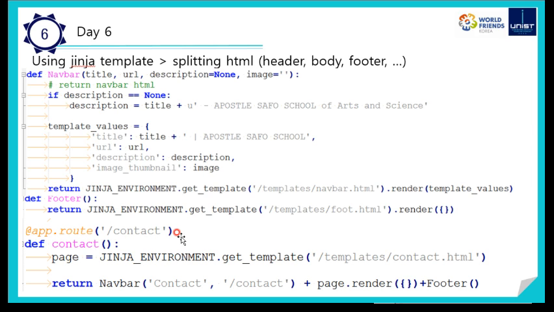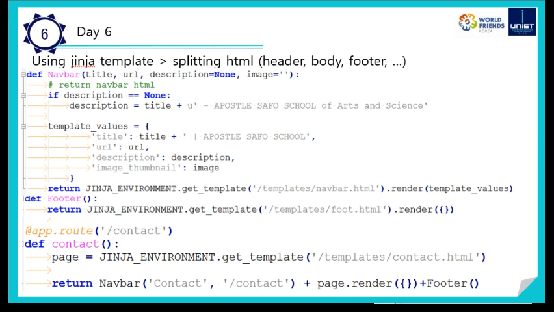So when a user accesses domain.com/contact, then you load the contact.html, and it will be inserted here. And after this is put in, you call the footer function at the end. So when you add all this, the navbar return statement, page return statement, and footer return, this becomes a complete HTML file.